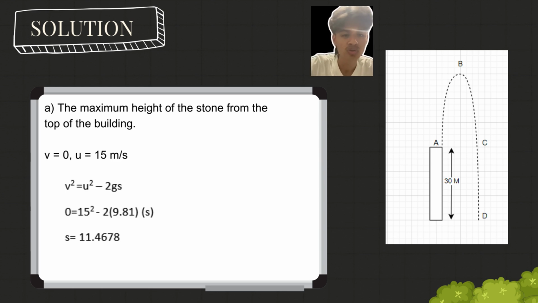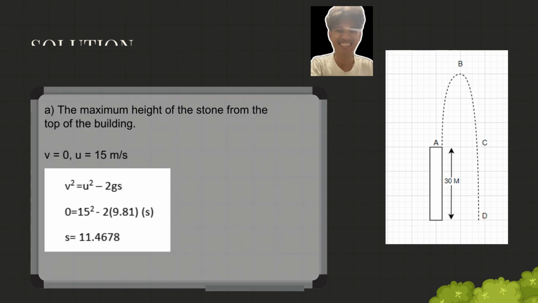So I use the formula v² = u² - 2gs, and after keying in the information, we get the answer, which is s equal to 11.4678.